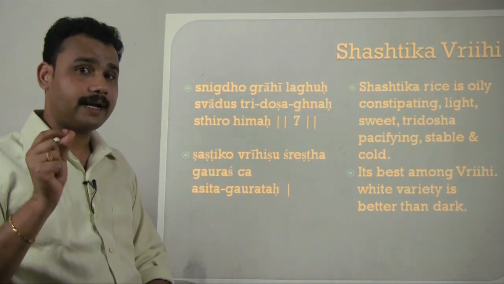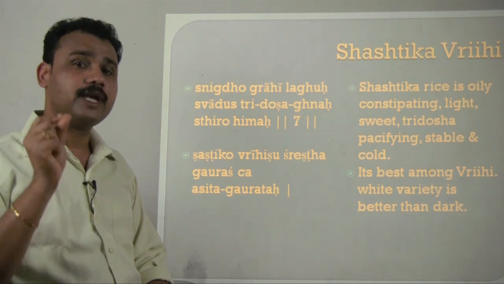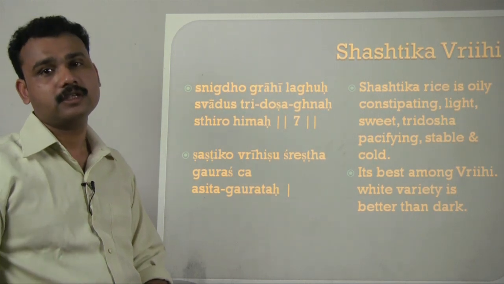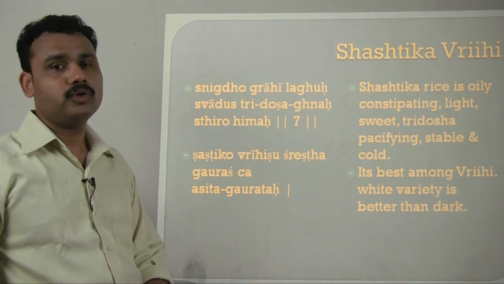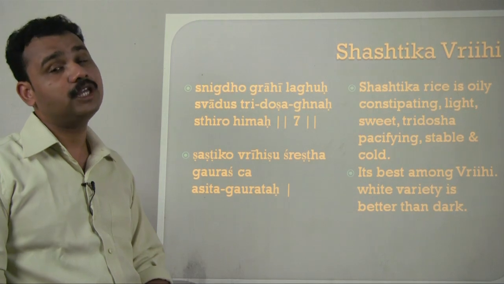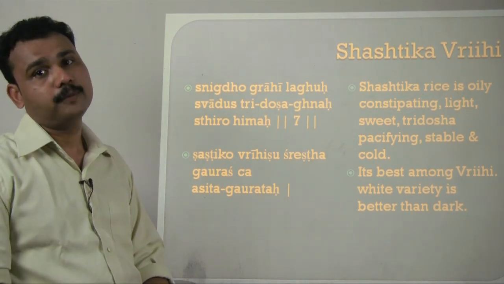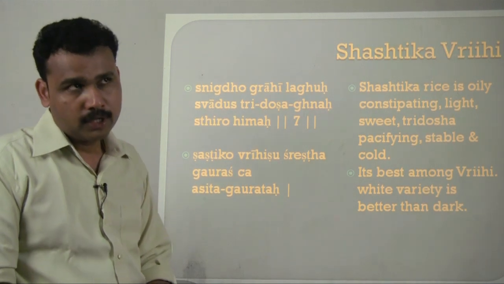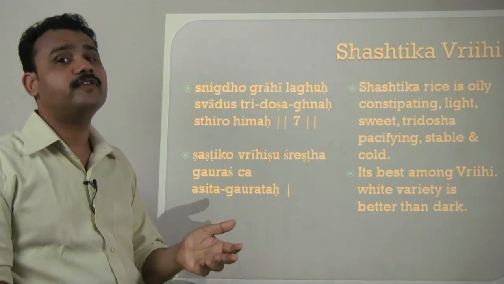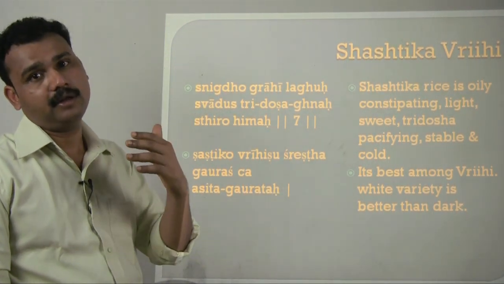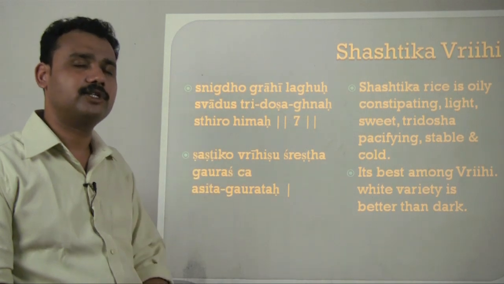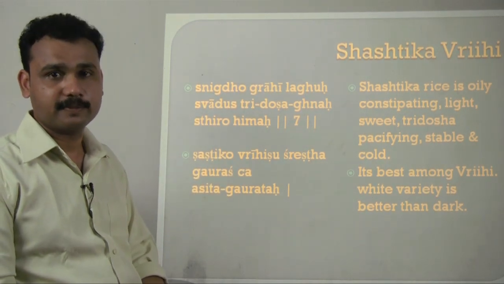You should know that rice is a crop which has to stay in water throughout the period of its agriculture. So the contact of rice with water and earth is what gives all these properties to this grain. That's why I told you this needs a lot of water management. And even now the cultivation of rice is so connected to rain, and if the rain cheats, the whole rice agriculture is in trouble.